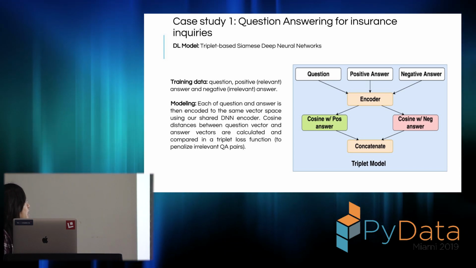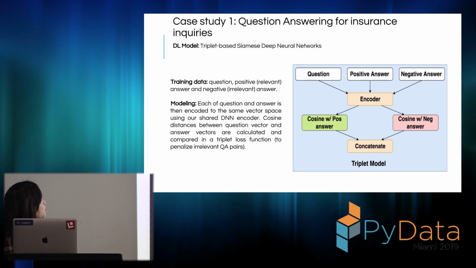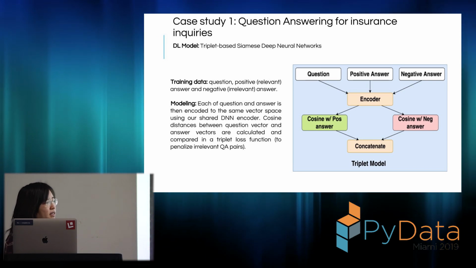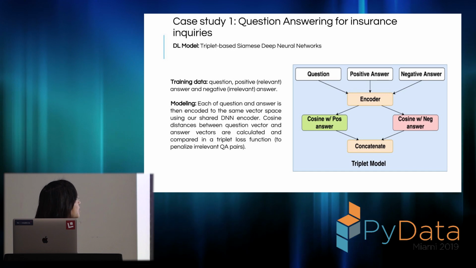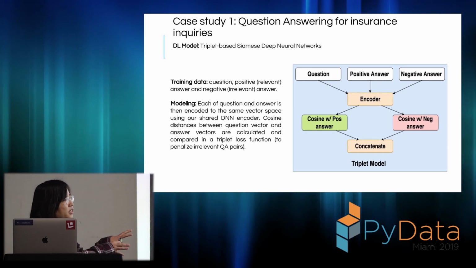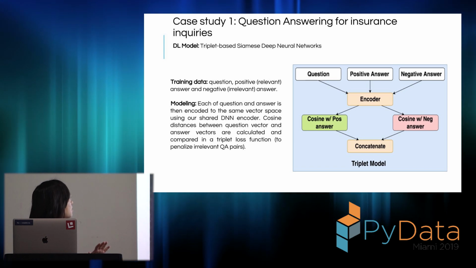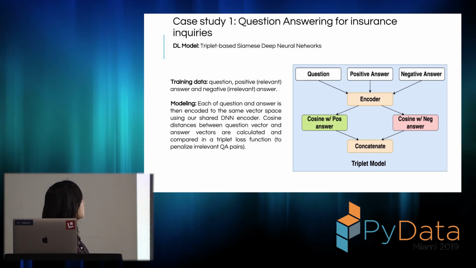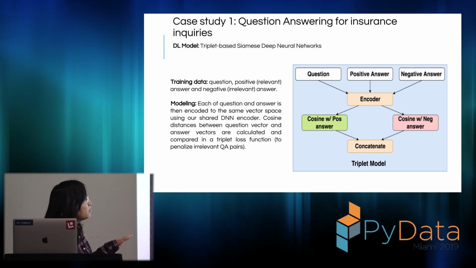So this is the architecture of our deep learning model. Here we utilize a triplet-based Siamese deep neural network. Since it's a triplet model, when we construct the training data, we already have the question and the relevant answer pairs, and we use them as positive samples. Also, we randomly generate 15 irrelevant answers for each question and treat them as negative samples.